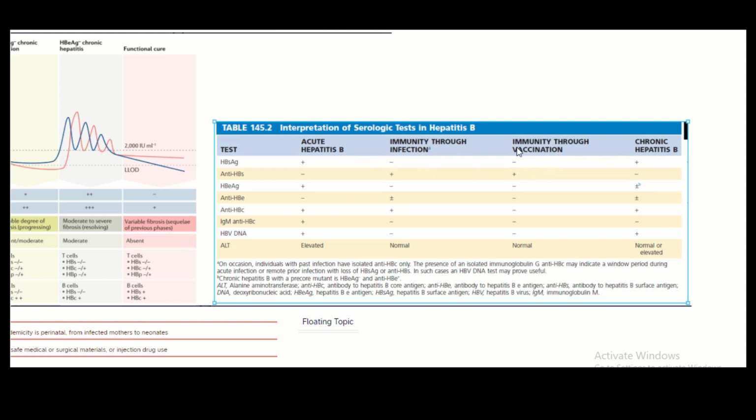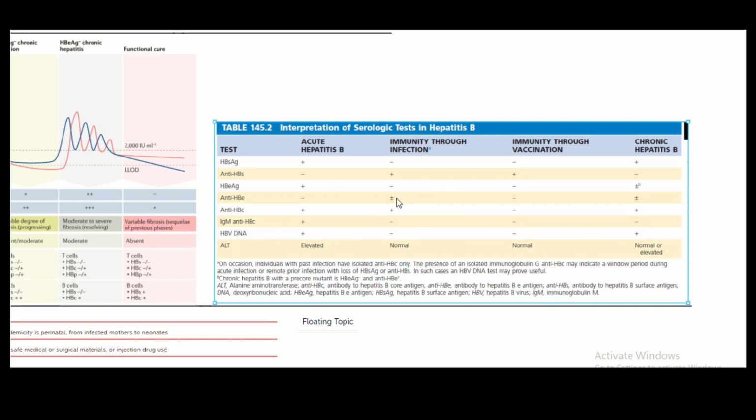But since the infection or the vaccination was a long time ago, the IgM anti-HBc will not be present. If we take the infection, we will find that three of our antibodies are present: the anti-HBs, anti-HBe, and anti-HBc. The IgM version of the anti-HBc will not be present. And since we are not having inflammation, ALTs will be normal in both.